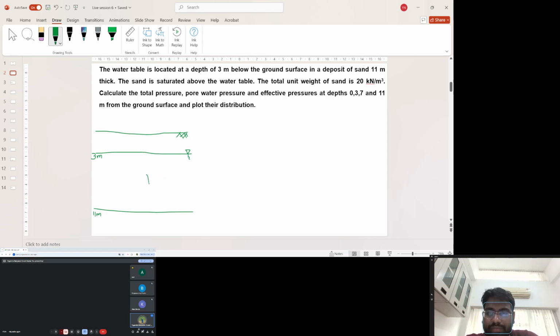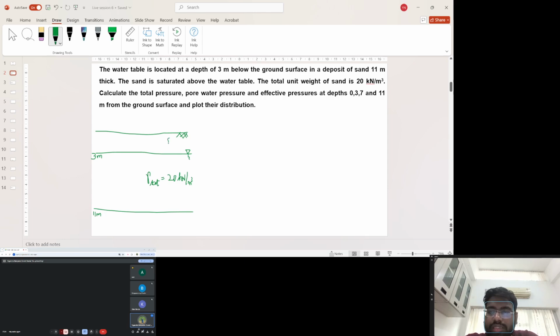So here gamma sat is 20 kilonewton per meter cube. And one more piece of information they have given is that the total unit weight of sand is 20 kilonewton per meter cube, and the sand is also saturated above the water table.